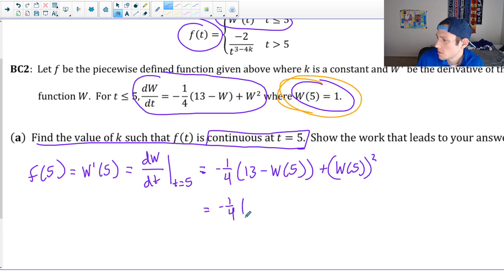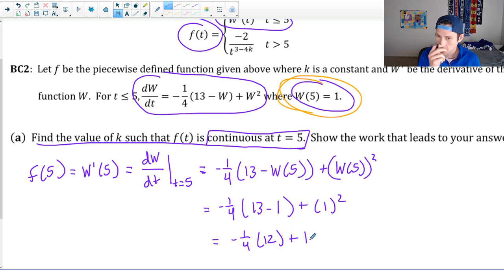So negative 1/4, 13 minus 1 plus 1 squared. Normally, if this were just the only final answer we were doing, I would say don't worry about simplifying this, but we're trying to prove that things are equal, so I'm probably going to have to know specific values for each.